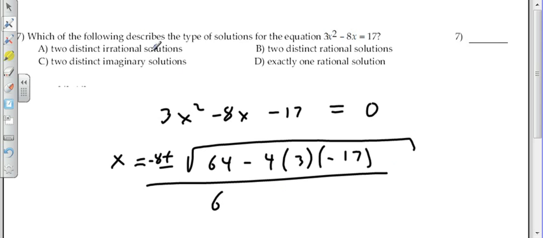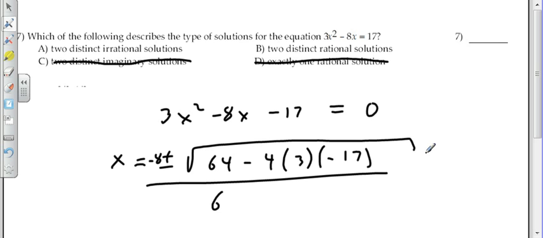All right. So am I going to have imaginary roots? No, because I have a positive number over there. Am I going to have exactly one rational solution? No, that can't happen, because for that to happen, this has to be 0, and it doesn't look to be 0. So now, is what's in the radical a rational number or an irrational number?